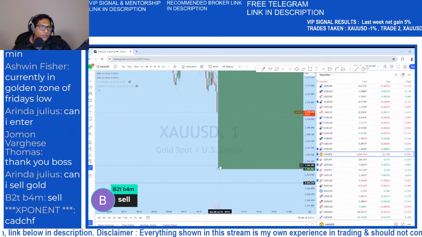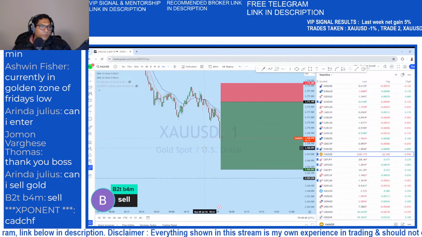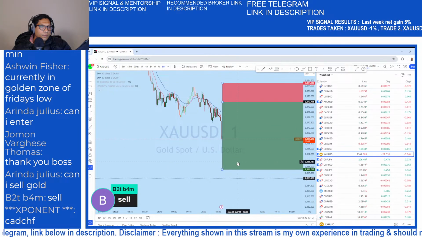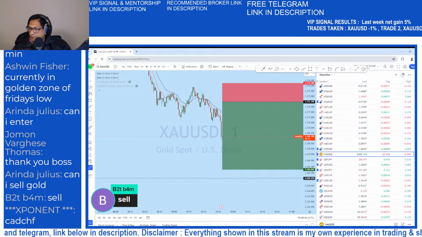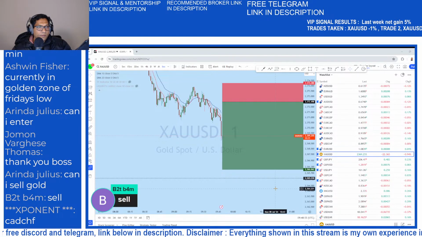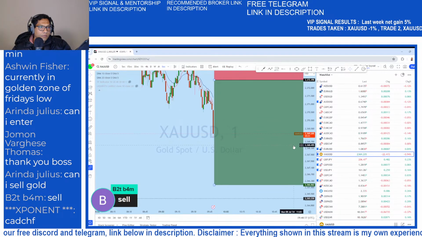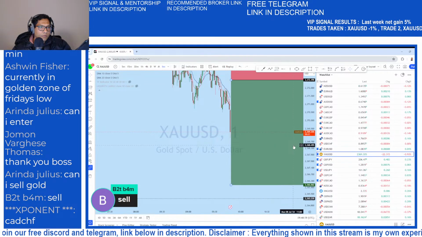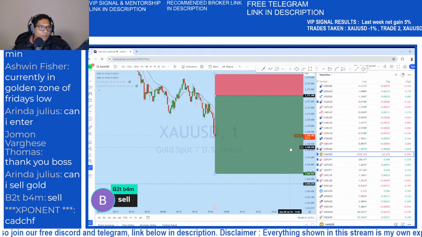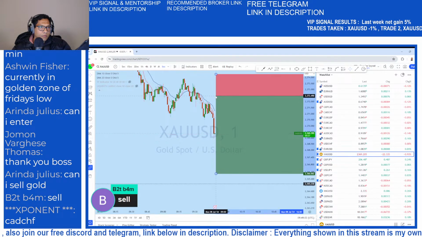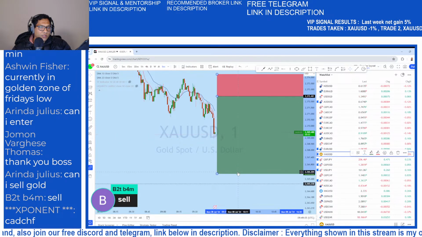Expecting it to drop further to the support level. All right, so one more push down. Nearly to 2%. I'm up nearly to 2%. I would like to hold it for a full 3%.